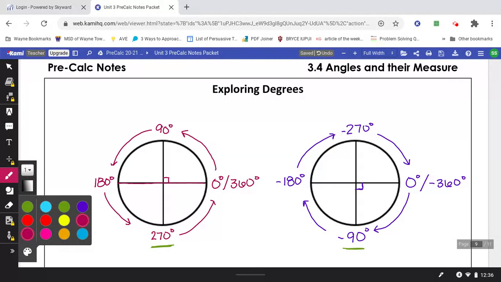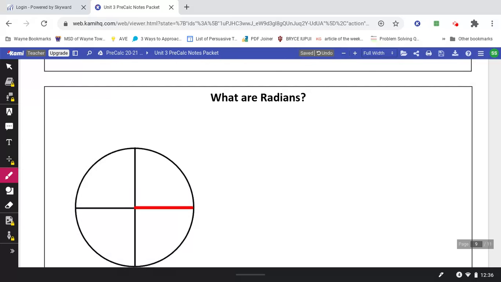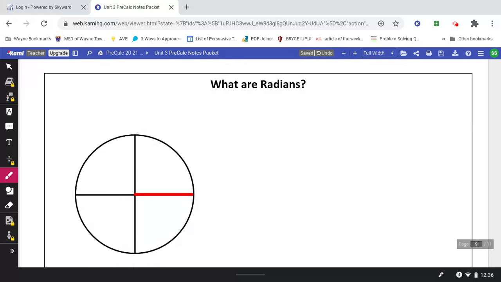All right, the next thing we're going to talk about is something called radians. So what are radians? Radians are a different way of measuring angles of a circle. So just like with feet and inches, you could also use meters and centimeters. We can use degrees as well as radians. So what is a radian? A radian, we all know this right here, this red part, is the radius.